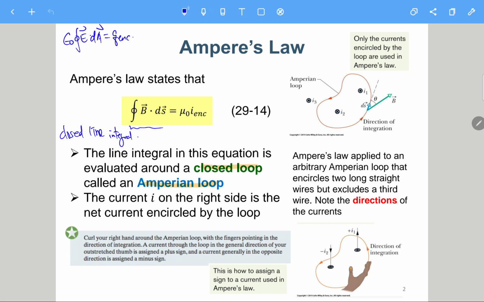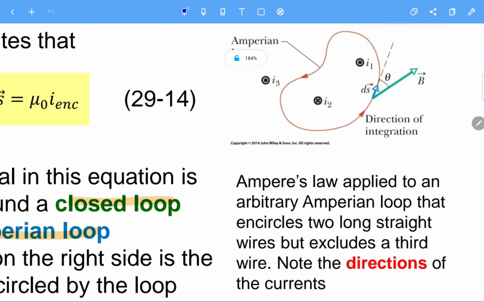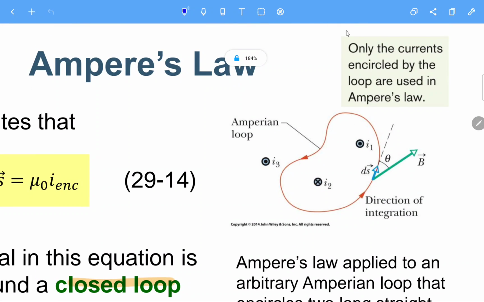So now we have the loop like this. Maybe we have the loop like the orange one. And then as you can see here, we have I1 going out of the page, I2 going into the page, and then I3 going out of the page.